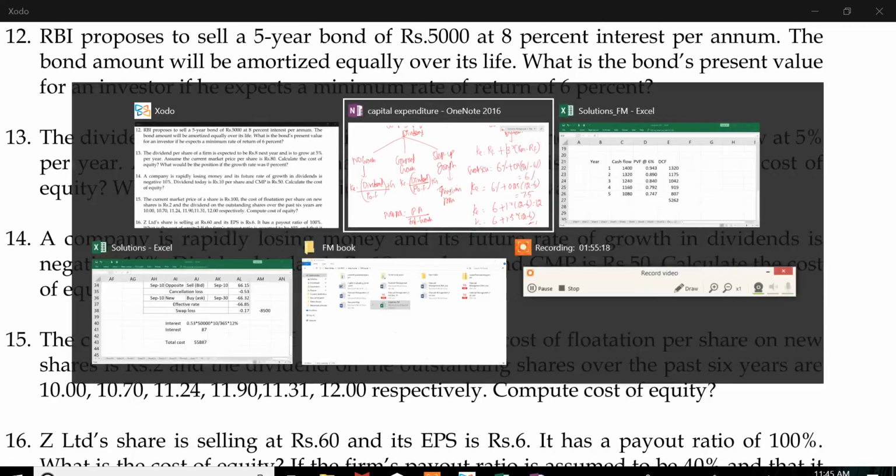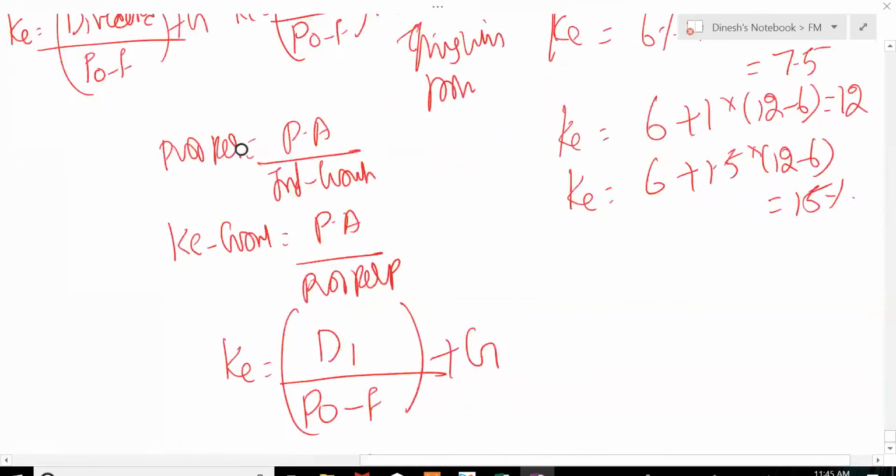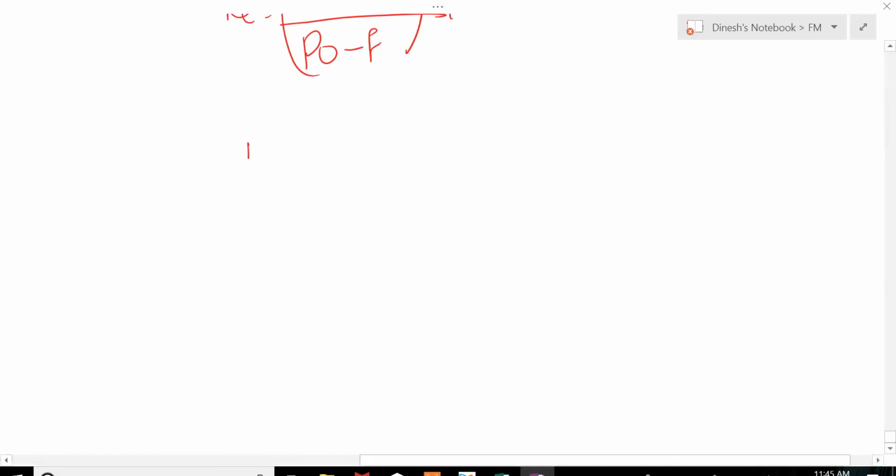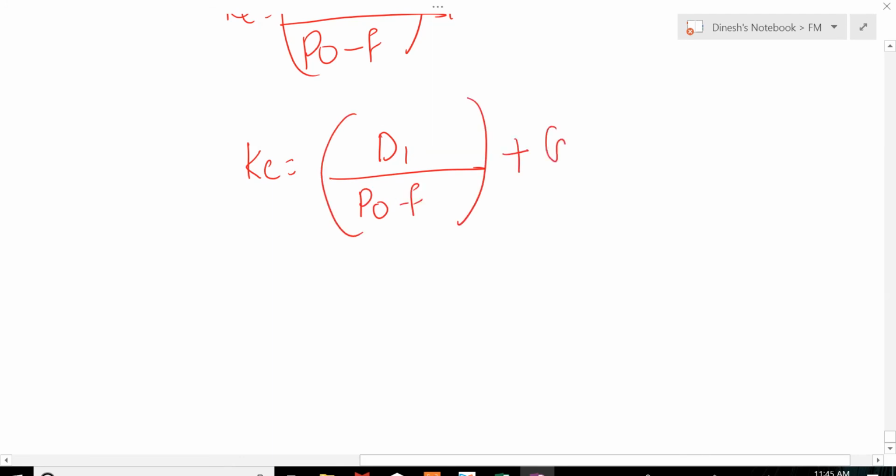So let's write Ke equal to D1 by P naught minus F plus growth rate.